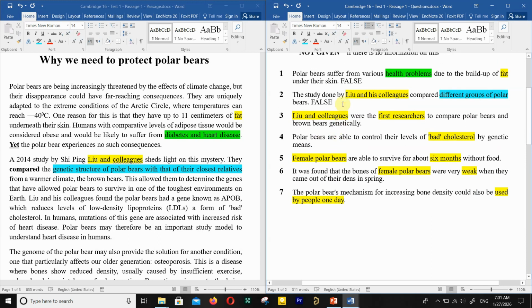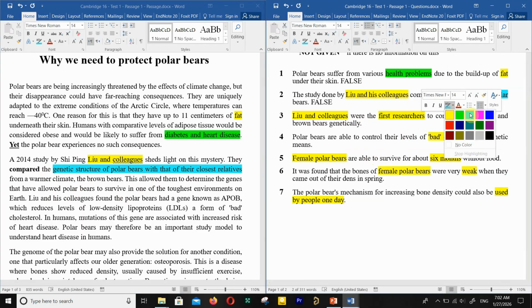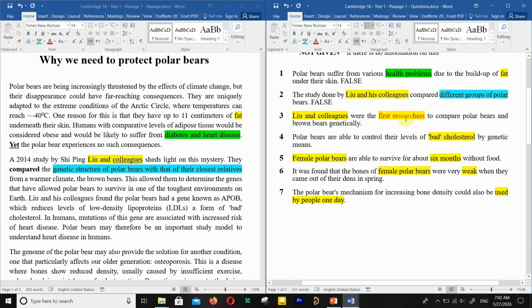The next question. Again, it's about Lee and colleagues. So you're probably going to find the answer for question 3 in this paragraph, because this paragraph is about a study done by Lee and colleagues. And here it says they were the first researchers to compare polar bears and brown bears genetically. It's about first researchers. This allowed them to determine the genes that have allowed polar bears to survive in one of the toughest environments on Earth.